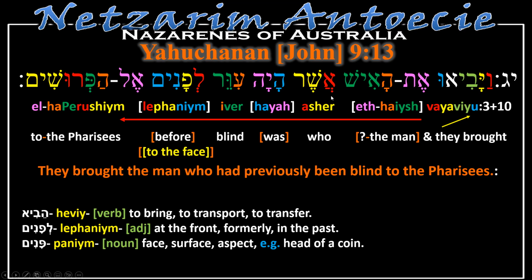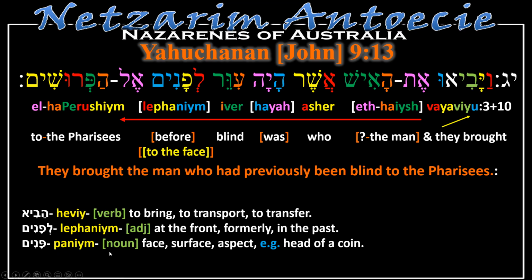Et is grammar. Ha-ish, the man. A-sher, who. Ha-ya, he was or was. I-ver, blind. Le-fanim, before, or you could even say to the face. But if we go down there, it's le-fanim. It's an adjective. It means at the front, formally, or in the past.